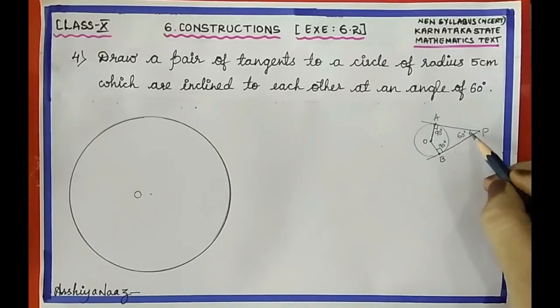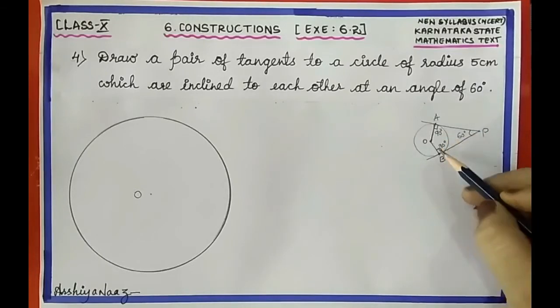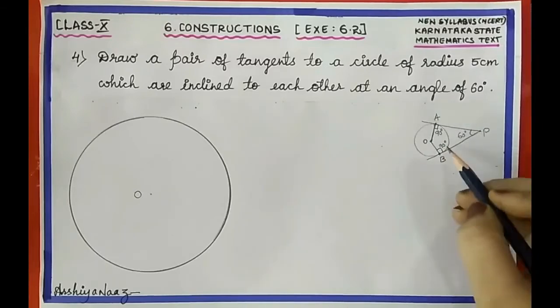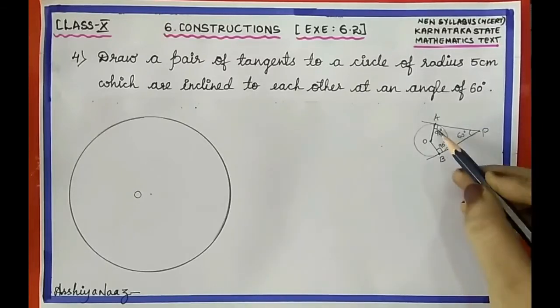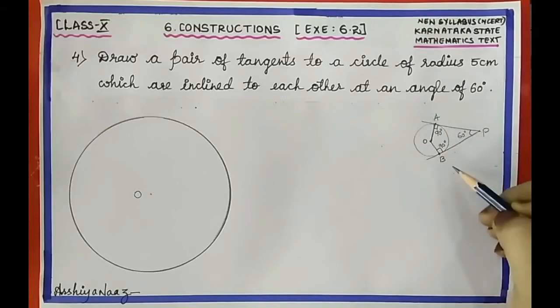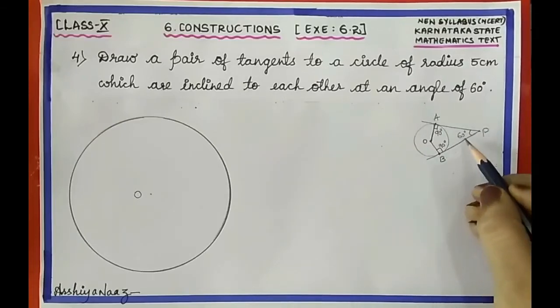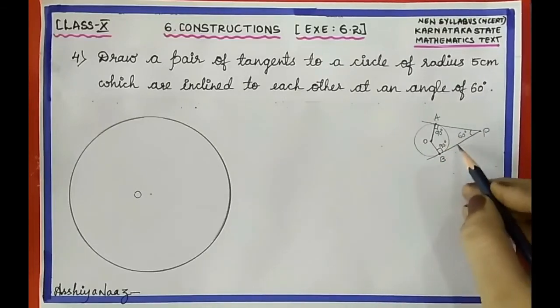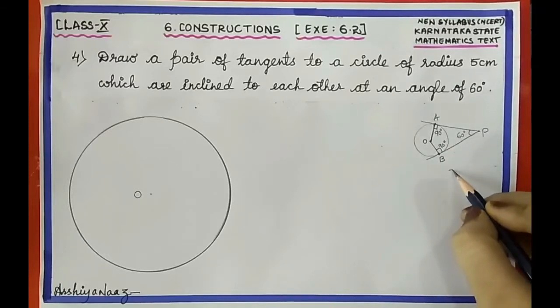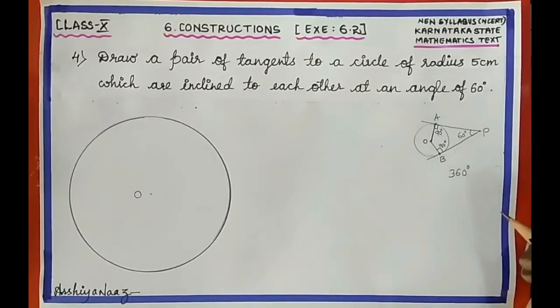Dear students, observe here, you can see a quadrilateral AOBP. You know that there are 4 interior angles in a quadrilateral, and the sum of all the interior angles of this quadrilateral is equal to 360 degree.